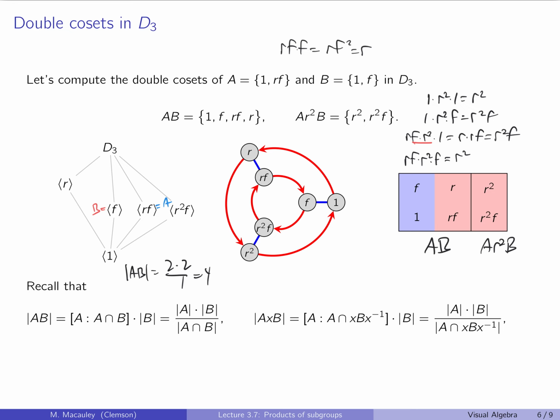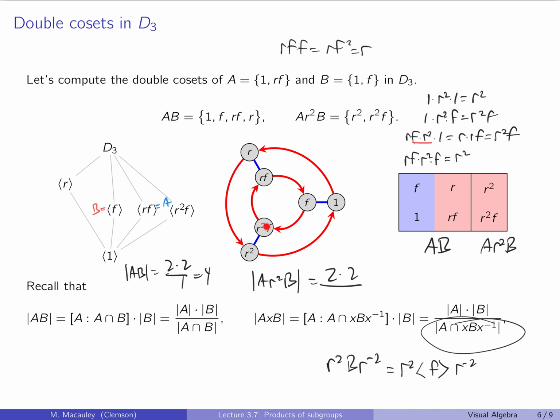The size of A R squared B is 2 times 2 divided by, now what do we have? What is R squared B R minus 2? R squared times B is the subgroup generated by F, conjugated by R minus 2. So let's check.